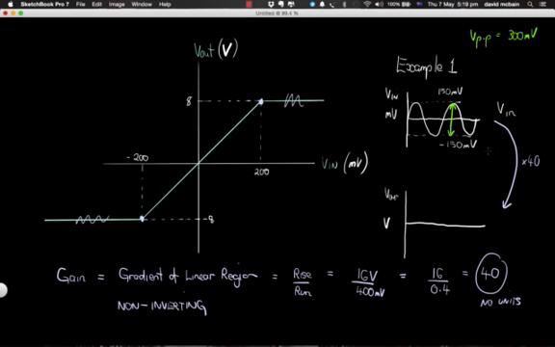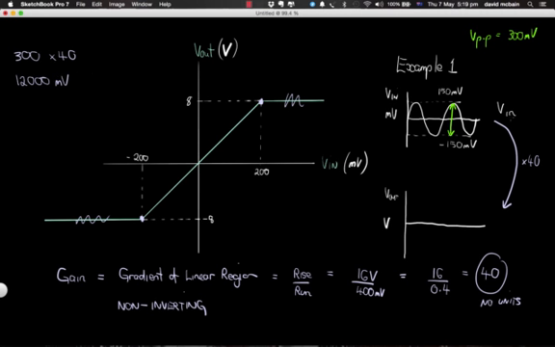So if the peak-to-peak is 300, we multiply that by 40 to work out the peak-to-peak of the output, which equals 12,000 millivolts.